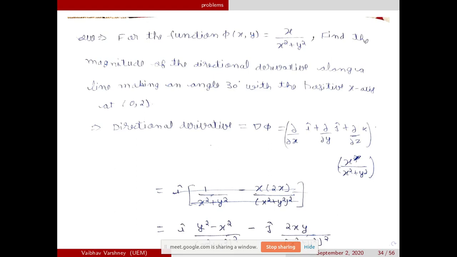Let's see how. First we will calculate the gradient of phi. This is phi, this is the gradient. So the i component will come out to be y square. Just check all of you, whether my x and y components are right. This is what I got after taking the derivative of this in terms of x and the derivative of this in terms of y. These are the terms which I got. So please check once in your copy whether these terms are right or not.